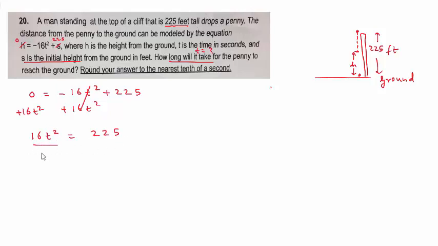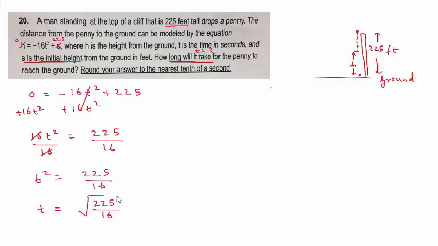So t square, you can solve for t square by dividing both sides by 16. So t square is going to be equal to 225 over 16. These two cancel out, right? And t is going to be equal to the square root of 225 over 16.